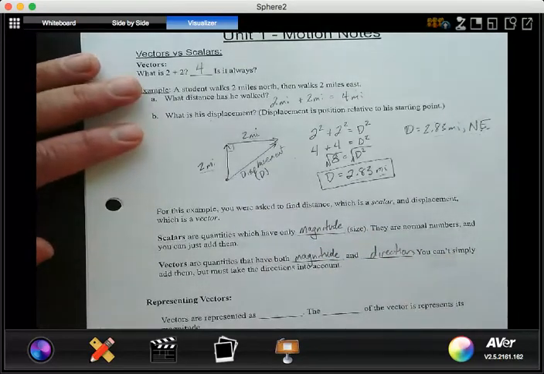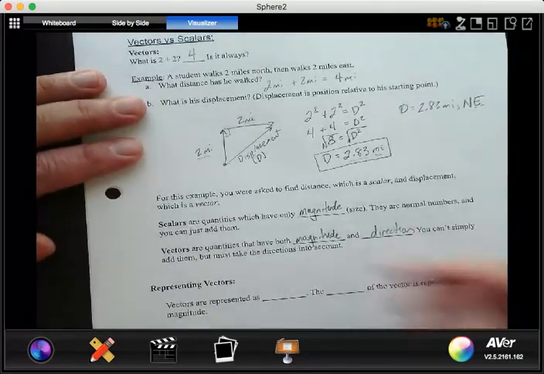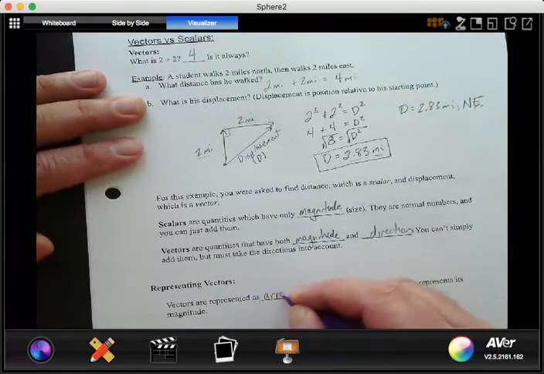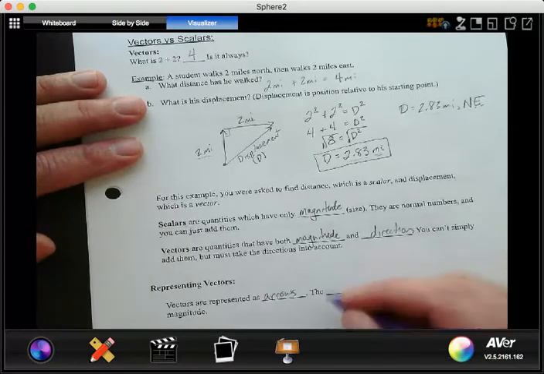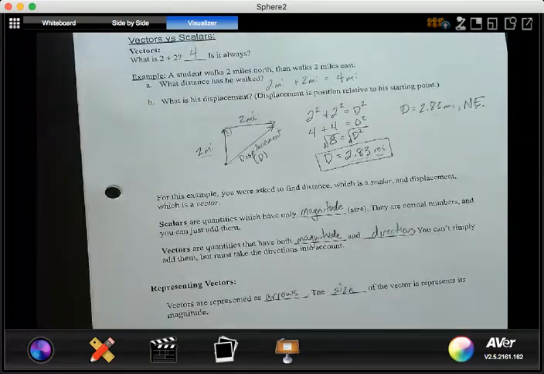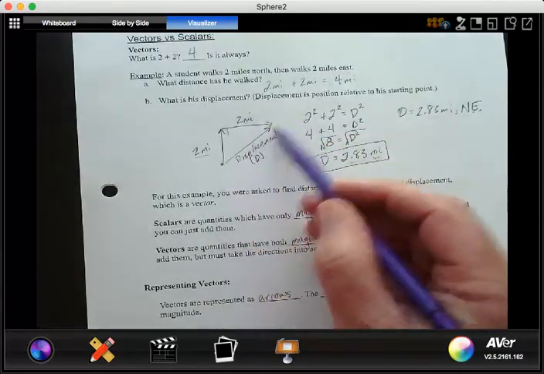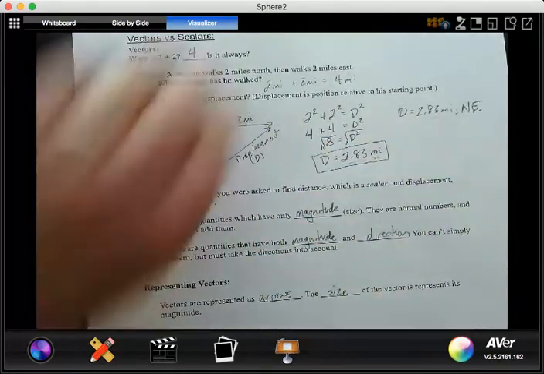I have to figure out what it's going to be. And when we represent vectors, they are represented as arrows. And the size of the vector represents its magnitude. So I made these about the same size because they're 2, and then this one's a little bit longer. Okay.